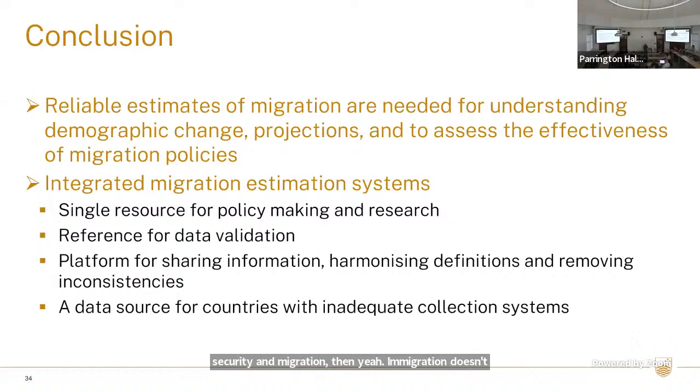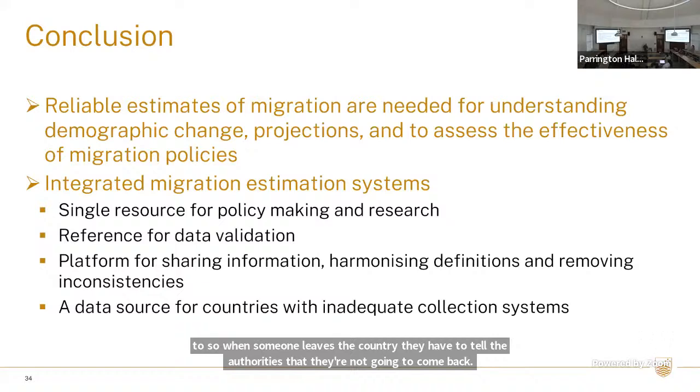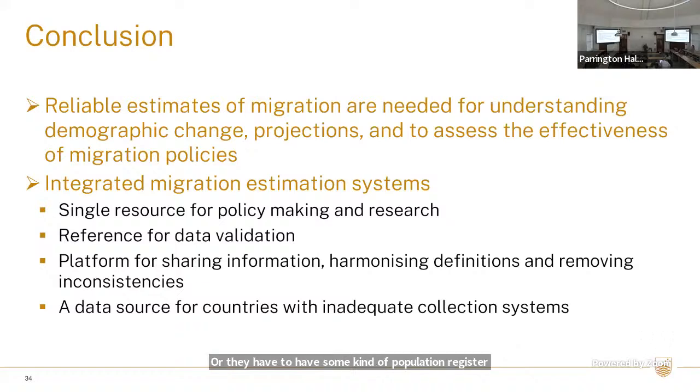The other thing is emigration is really hard to measure from a statistical perspective, because when someone leaves the country, they have to tell the authorities that they're not going to come back, or you need some kind of population register that keeps track of things, and many countries don't have that.